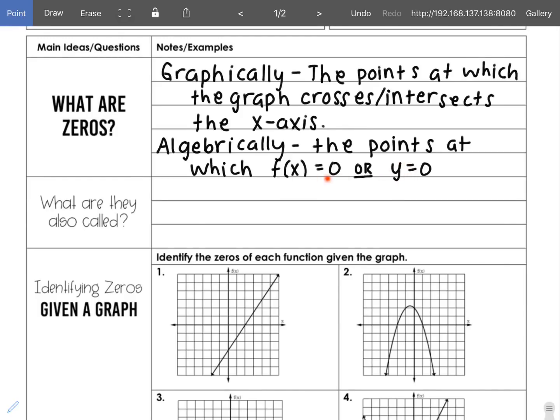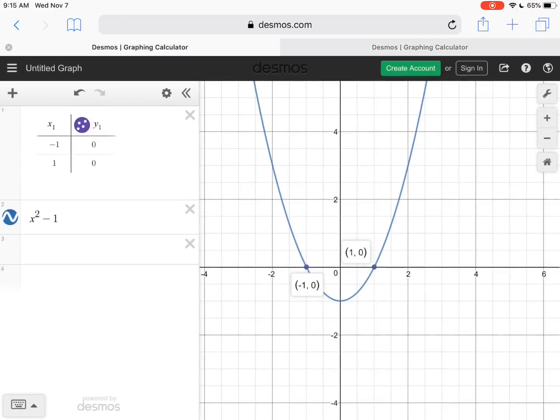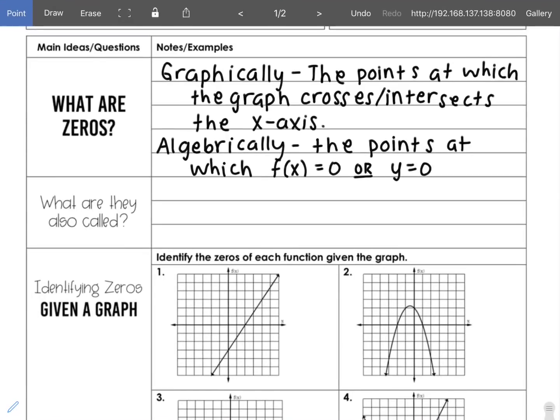So at which y equals 0, or f of x equals 0. And that makes sense, right? Because if we go back here, didn't y equal 0 when x equals 2? Y is 0 there, right? And didn't y equal 0 when x was 1? And y equals 0 when x is -1, right? So in the same way, we can actually solve that algebraically. That just means with algebra. Solve it with algebra.